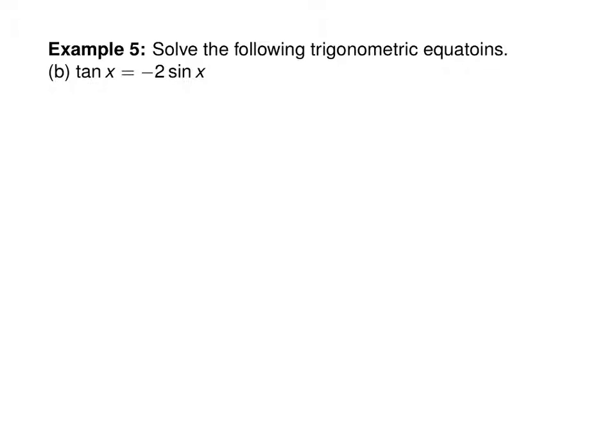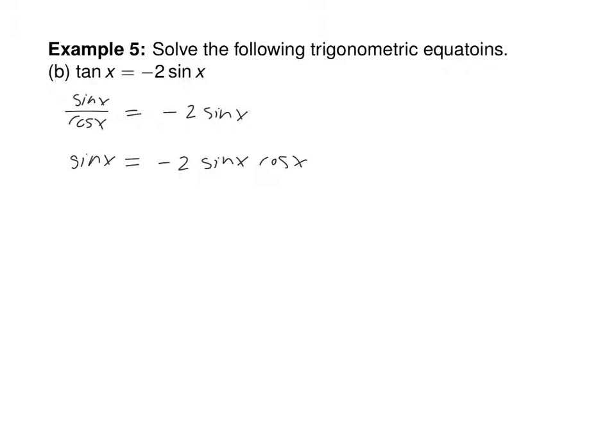Whoa, this one seems weird. Tan x equals -2 sine x. Whenever I see something weird that involves things that are not sine and cosine, my first method is to go back to sine and cosine. So this is sine x over cosine x equals -2 sine x. Next, multiply the cosine out of the denominator: sine x equals -2 sine x times cosine x. Then get the stuff on the same side.